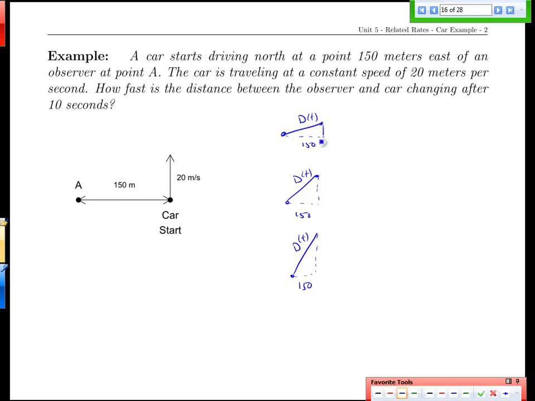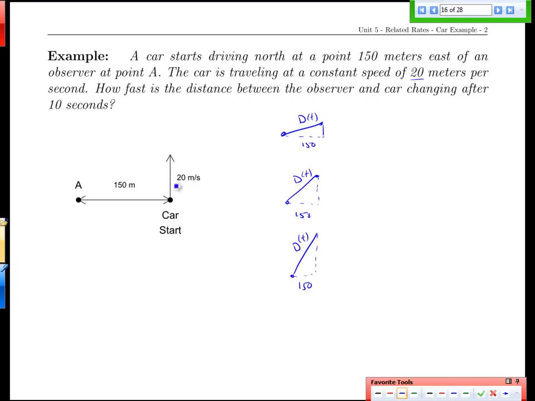Now, how can we tie that rate to the only other rate that we know, the 20 meters per second heading north here? The easiest way to do that for most application problems like this is to find something that's true all the time, and then use that all the time true equation, differentiate it, and solve for what you want.